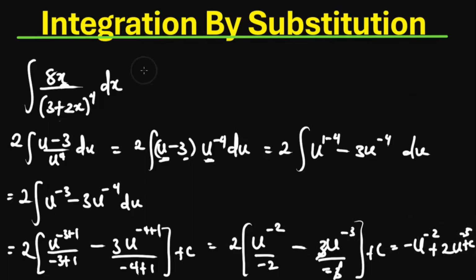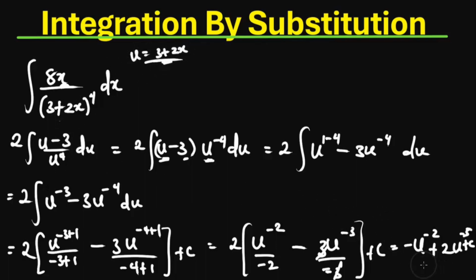Alright, now we have to remember that we said that our inner function is replaced with u, so we're going to come back. Yes, u is equal to 3 plus 2x, right, from the beginning when we started solving.